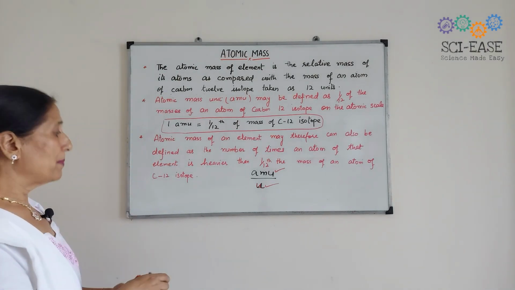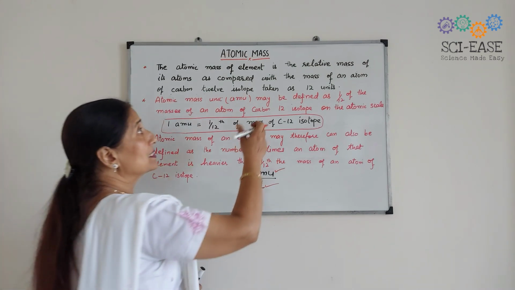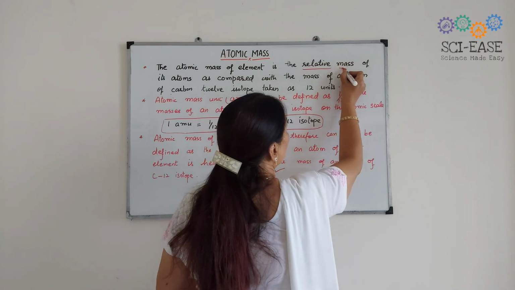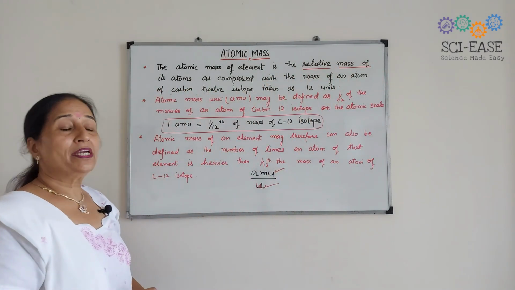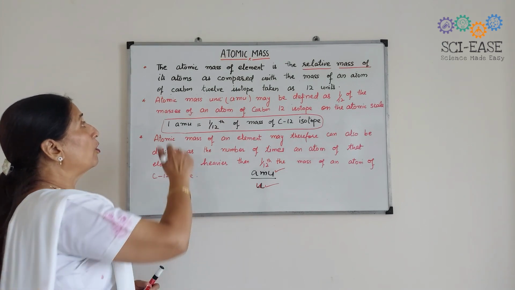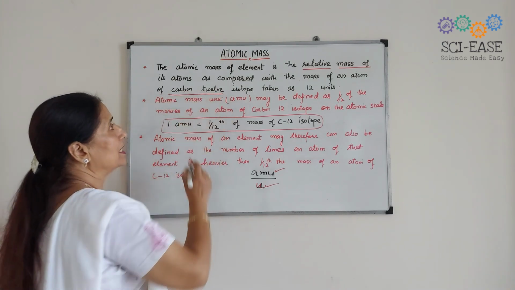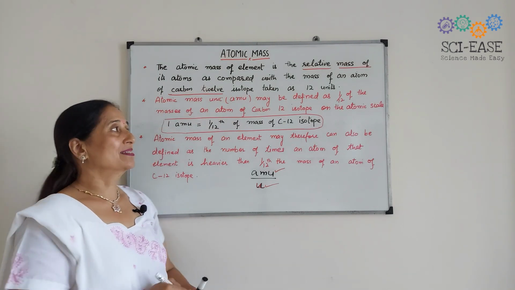The atomic mass of an element is the relative mass of its atoms as compared with the mass of an atom of carbon-12 isotope taken as 12 units.